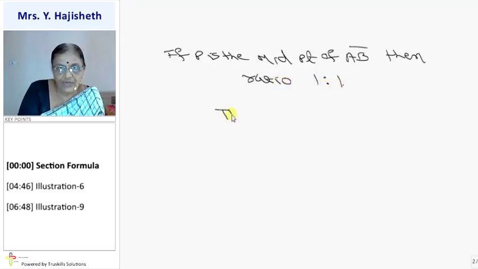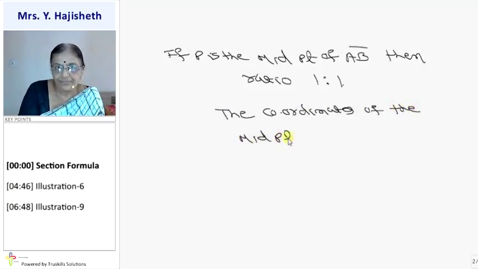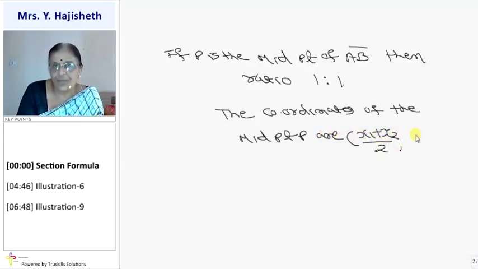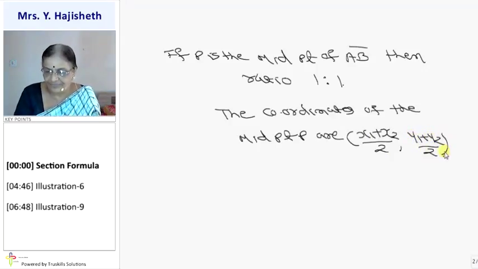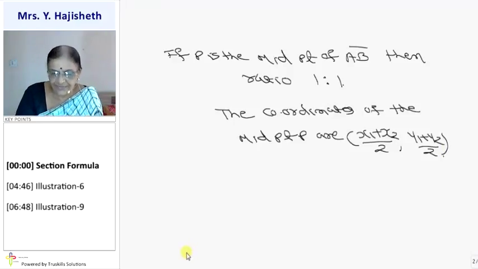So what are the coordinates of P? Coordinates of midpoint P आएगा (x1 plus x2) by 2, comma, (y1 plus y2) by 2. क्लियर? So are you clear all three cases?